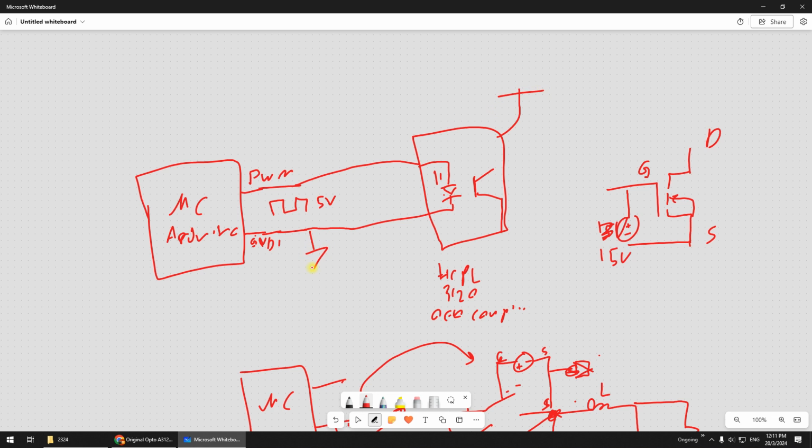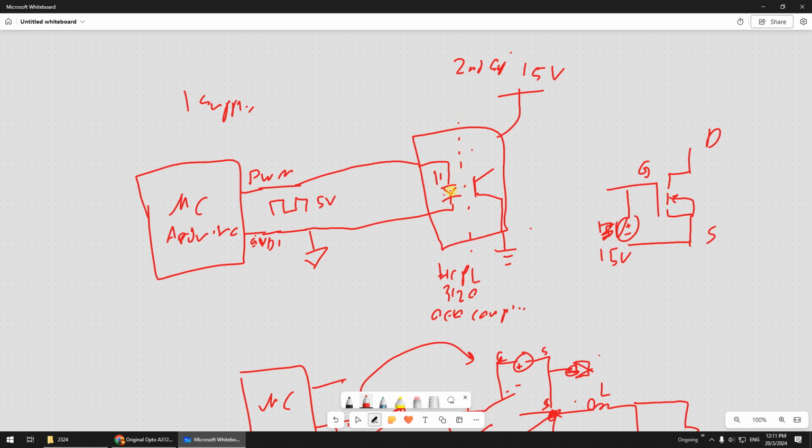So for example, this one is the ground, this one is 15 volt, because you want to switch at 15 volt, but this one has a different ground. You need to have two power supplies. This is the first supply, and this one is the second supply. So you have an isolated ground. So this one is isolated by light.